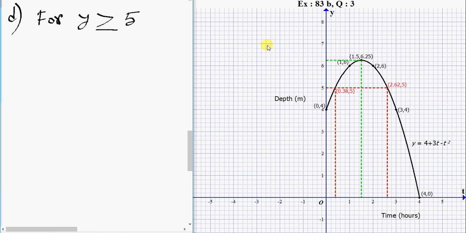We have got time 0.38 hours less or equal to t less or equal to 2.62 hours. Now we have to convert these hours in nearest minute also. The fractional part we have to convert in minutes.